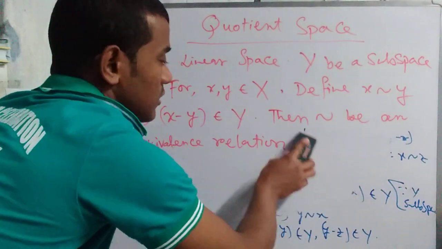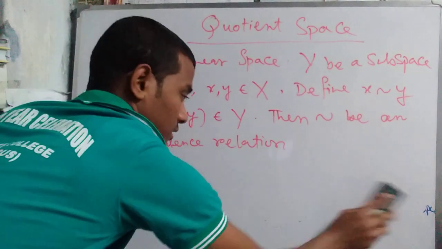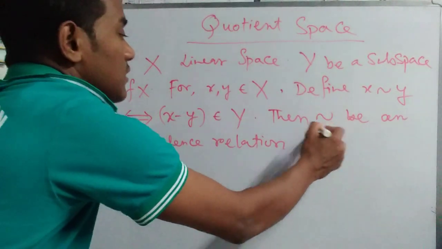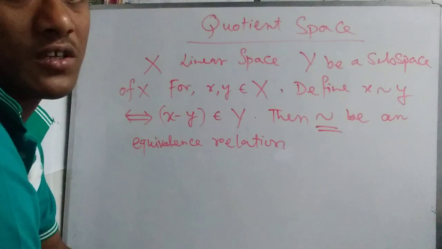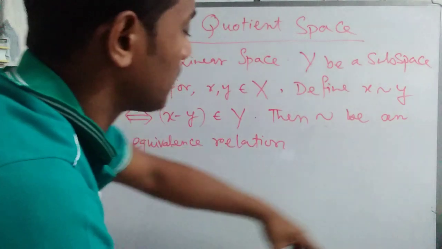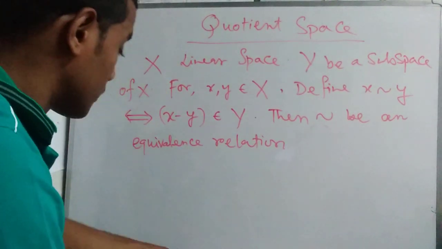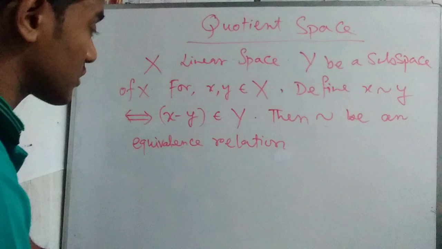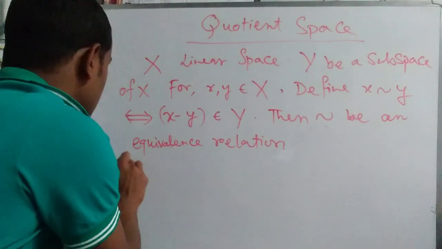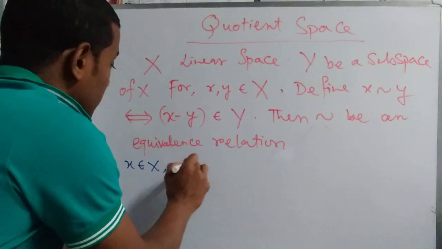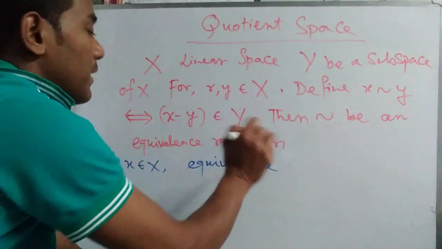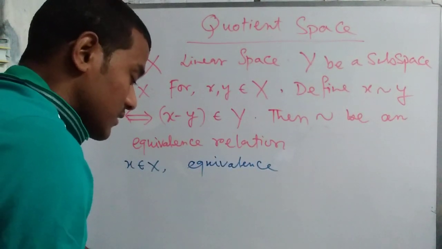So we erase that portion and go on to further discussion. This relation is an equivalence relation, and now we define the equivalence class. For x belonging to X, because this forms an equivalence relation, the equivalence class is needed here.